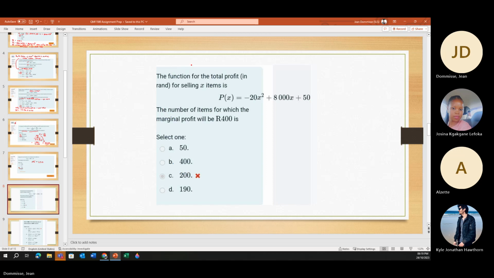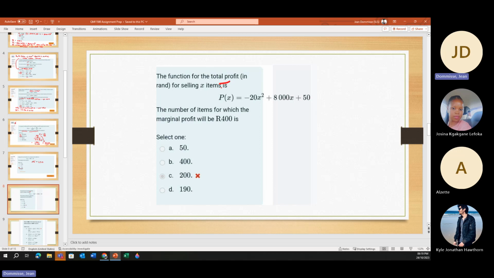Okay. The function for the total profit in Rand for selling X items is this. The number of items for which the marginal profit will be 400.